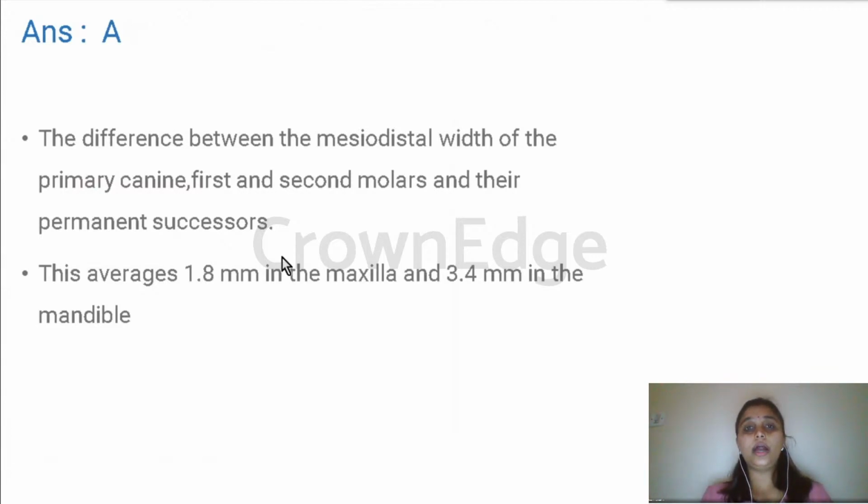They give you a total arch leeway space of arch length in the maxilla as 1.8. Now for the mandible, it is more, it is 3.4 mm. Again, if I ask for mandibular quadrant, I mean again the half. There is 1.7 mm on the right side and 1.7 mm on the left side.